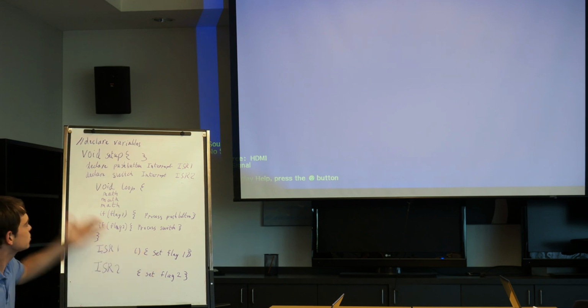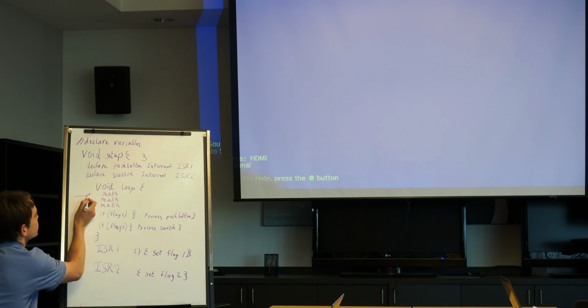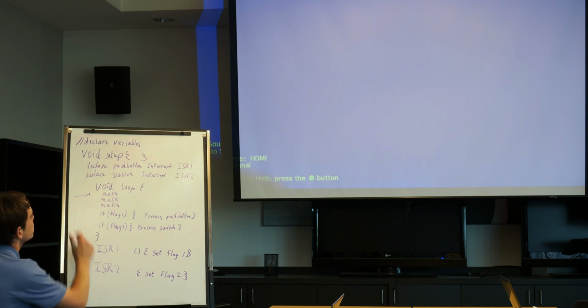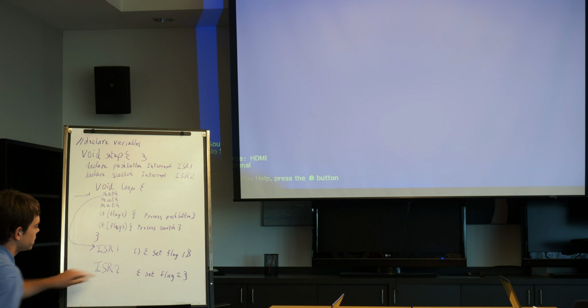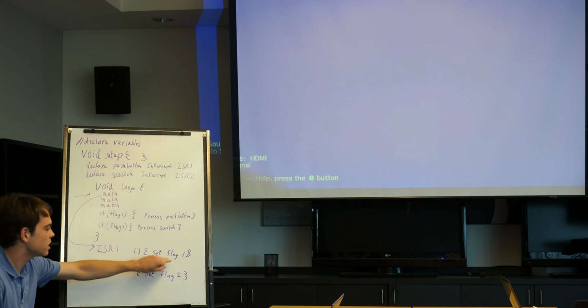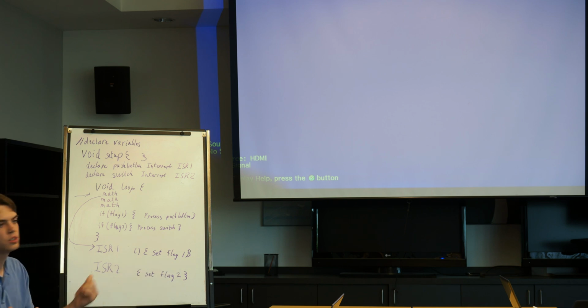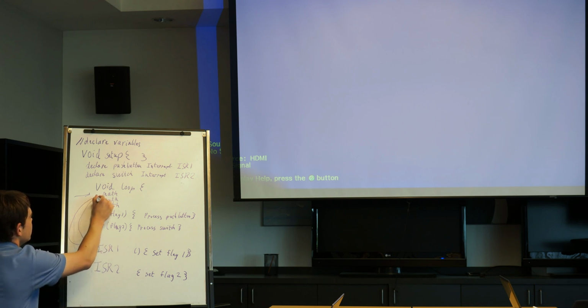So say we're right here, doing the first part of math, and the user presses the push button. Once this is done, before we go to the next step, we're going to jump down to this function. In this function, all we're going to do is set this variable called flag1 to 1, or set it to high. Then the interrupt service routine is done, and we jump back here.